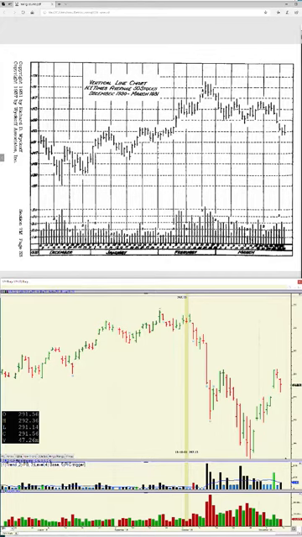A couple of things he explained was that there was a high volume climax here, which was very high, by the way. It was really, really high volume, and that was a climax, on 5 million shares, a very high amount relative to the entire uptrend, not just the up or down swing.